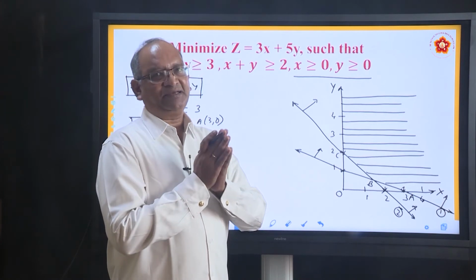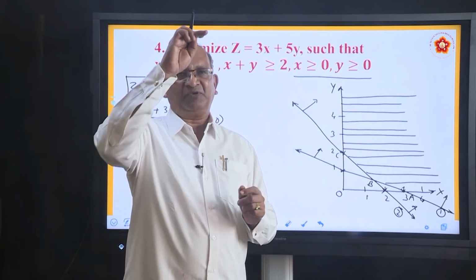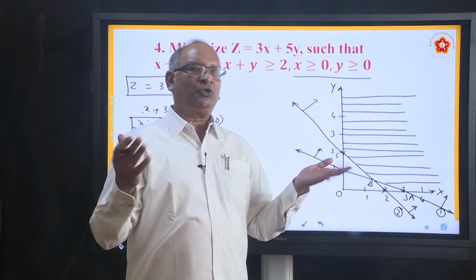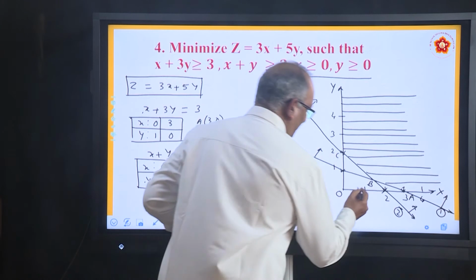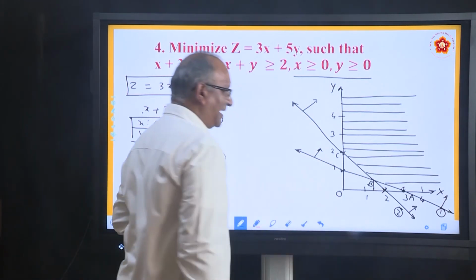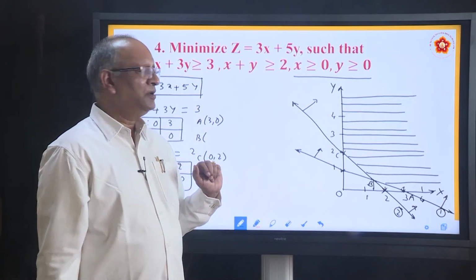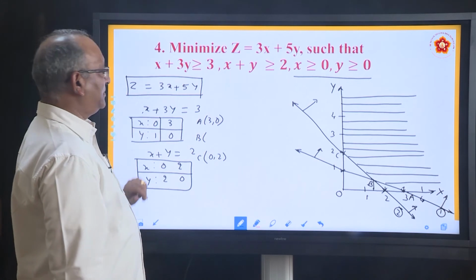What are the coordinates of that point? If you are doing it on graph paper, it is very simple. From there you draw a perpendicular, you will get the answer. But we need to know the exact value. If there is a mistake there, then it will be wrong. So how to know? The best thing is simply to solve them like simultaneous equations.